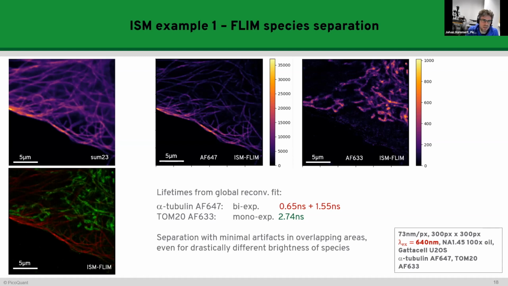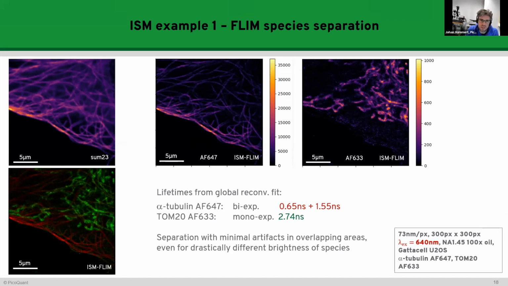And you see on the top left, again, the pseudo-confocal image, where you can already appreciate that this is maybe not the easiest sample to do species separation based on lifetime, since in this image, mainly microtubules are visible and the mitochondria seem much darker.